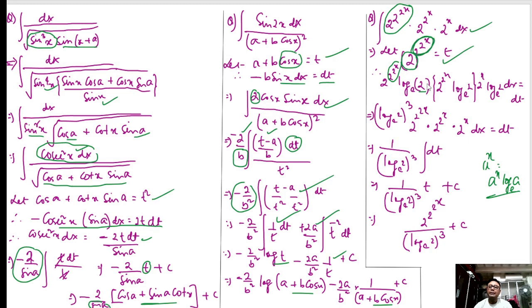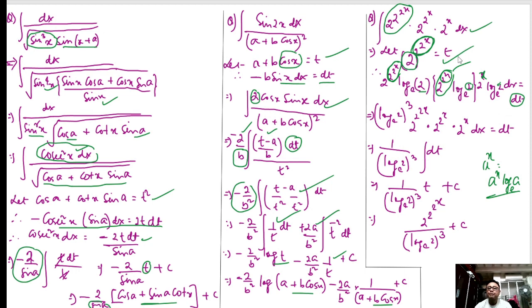So a to the power x log e. Now we have to differentiate this part, 2 to the power 2x, which will be again a to the power x. This is our a to the power x log a. And now we have to do this part. So it will be a to the power x log a, dx equal to dt. Like this we have to do.